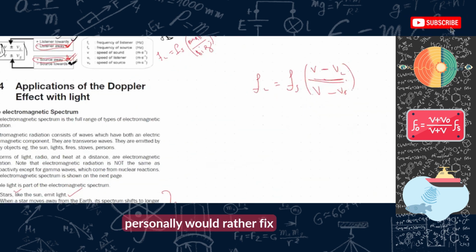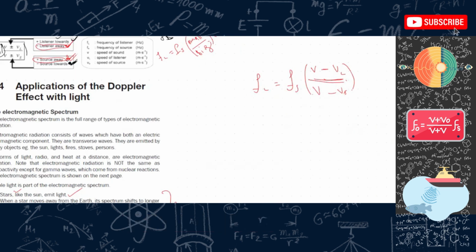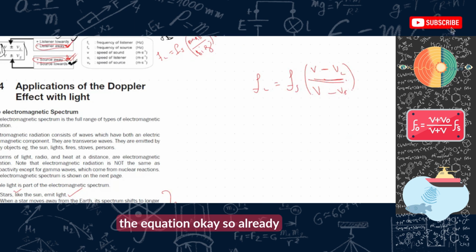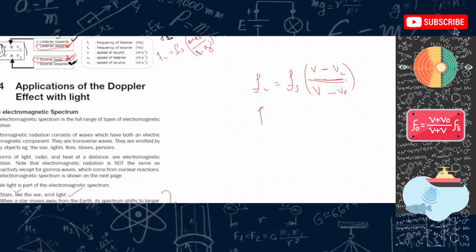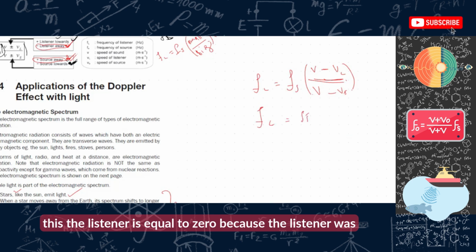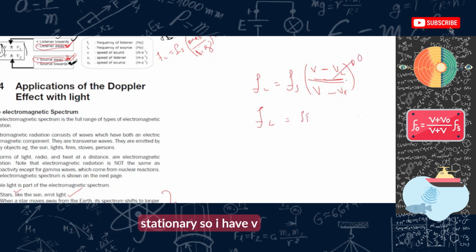I personally would rather fix the equation before working with it. I already know the velocity of the listener is 0 because the listener was stationary.